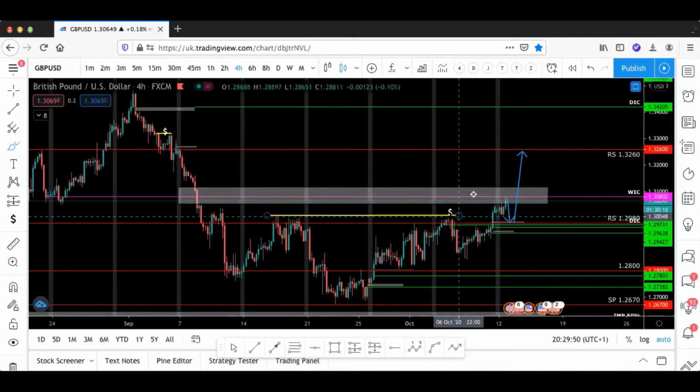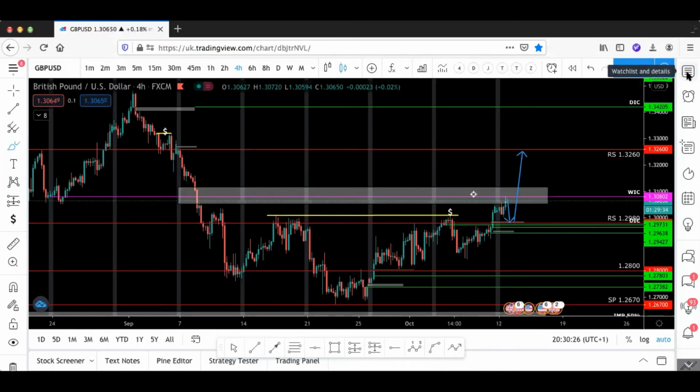As I told you last week, this high has been taken, so the price was willing to move higher as we expected, and the target, which is the 1.310 price level area, was hit today, as I mentioned in my previous forecast video. Now I'm anticipating GBPUSD to run lower, a little pullback, then possibly we could look for some buy opportunities towards the upside, towards target 1.326 price level area.